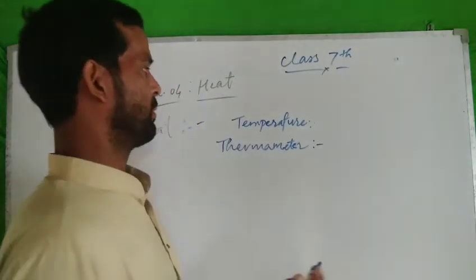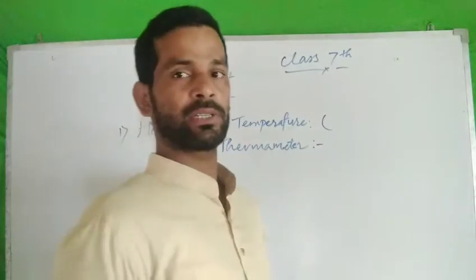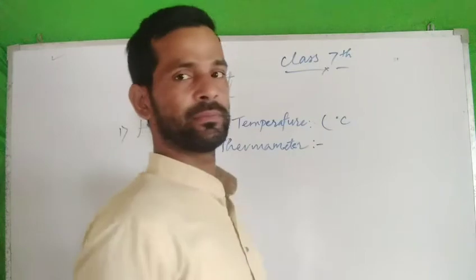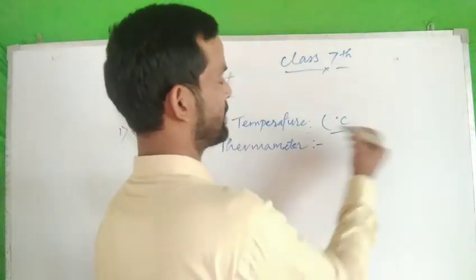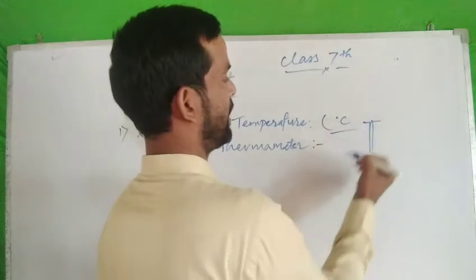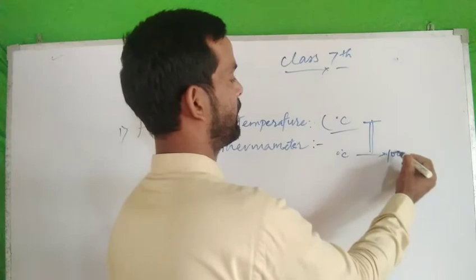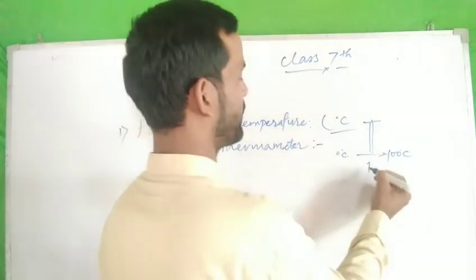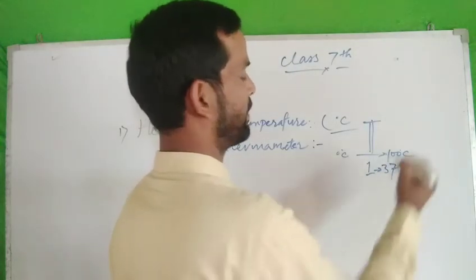When a doctor checks the temperature of a body, it is measured in degree centigrade or degree Celsius. This degree Celsius scale goes from 0 to 100 degrees Celsius, and our normal body temperature is about 37 degrees Celsius.